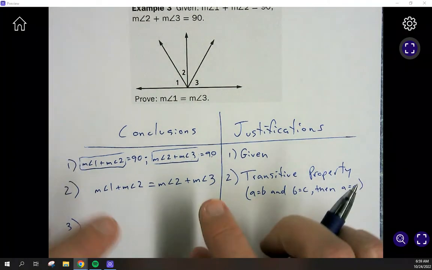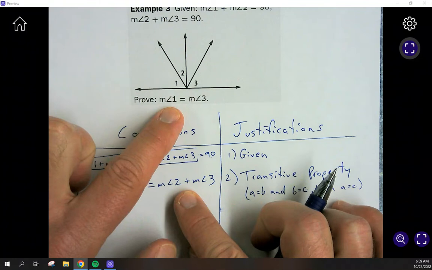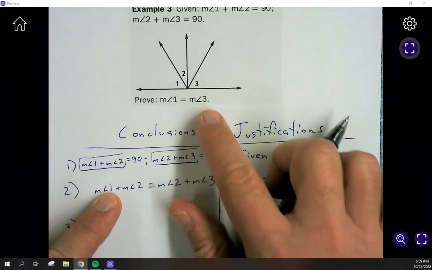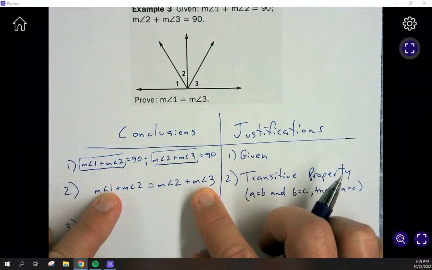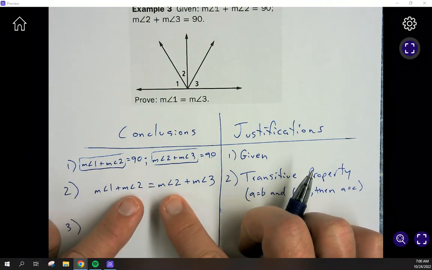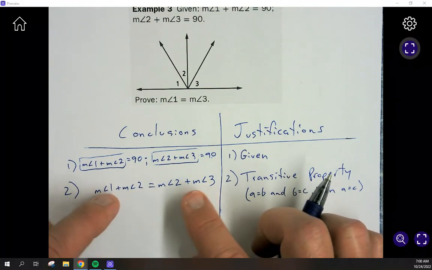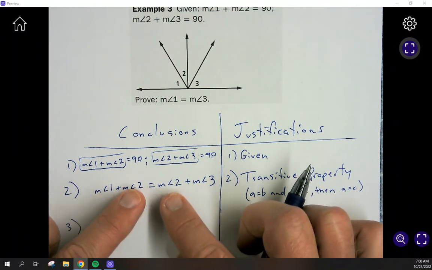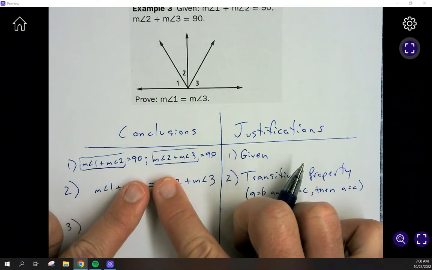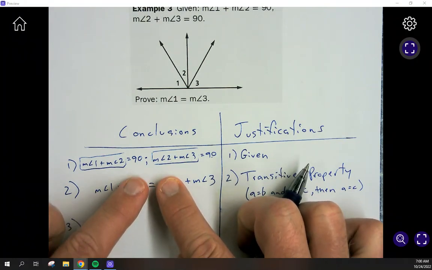Okay, and now we have to get from here to what we want to prove. So we want the measure of angle 1 to equal the measure of angle 3. If you take a look, we've got this plus the measure of angle 2 on both sides. Just think about these as variables right now, not even what they represent. If I somehow got rid of it, I would have what I'm trying to prove.